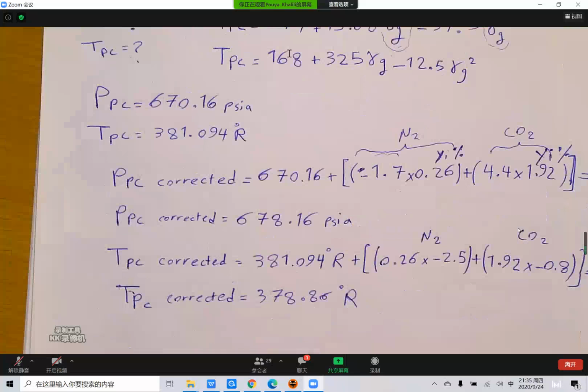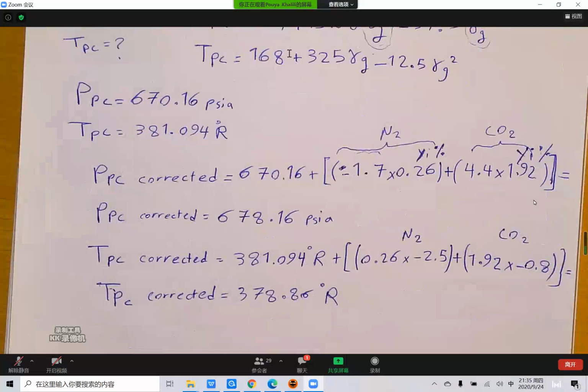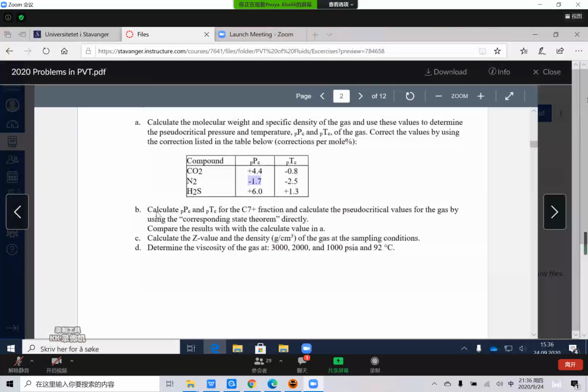And let's go to the question again. So now we are in part B. Here it says to calculate the pseudo-critical pressure and temperature for the C7+. I already showed you how to find that by having the figure.